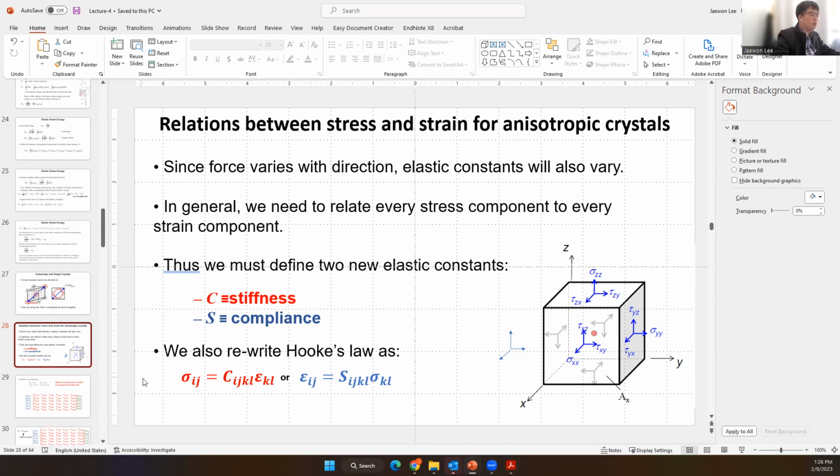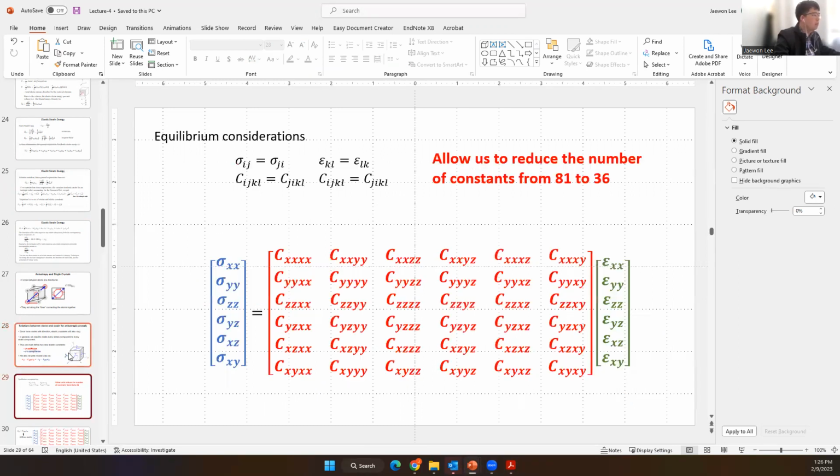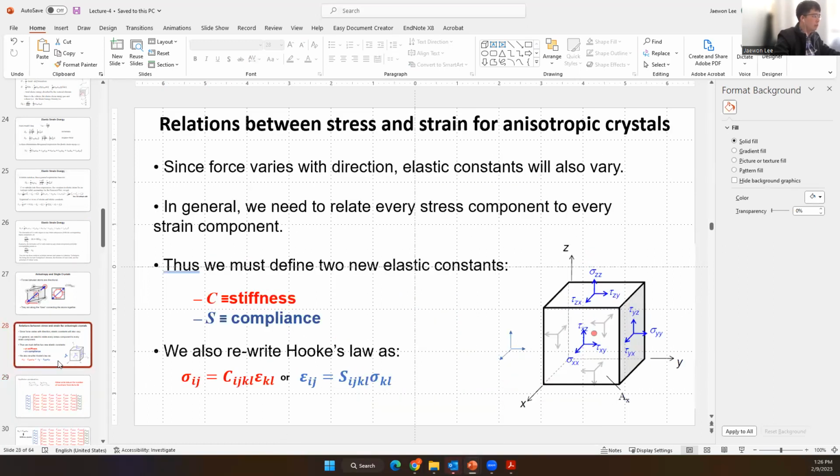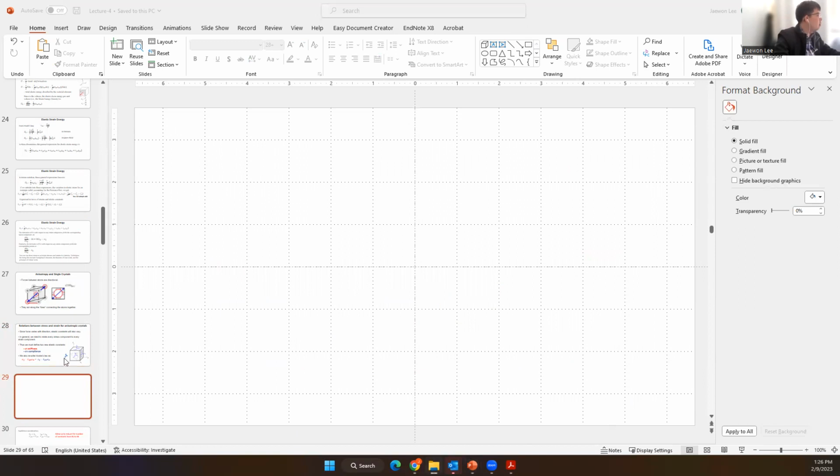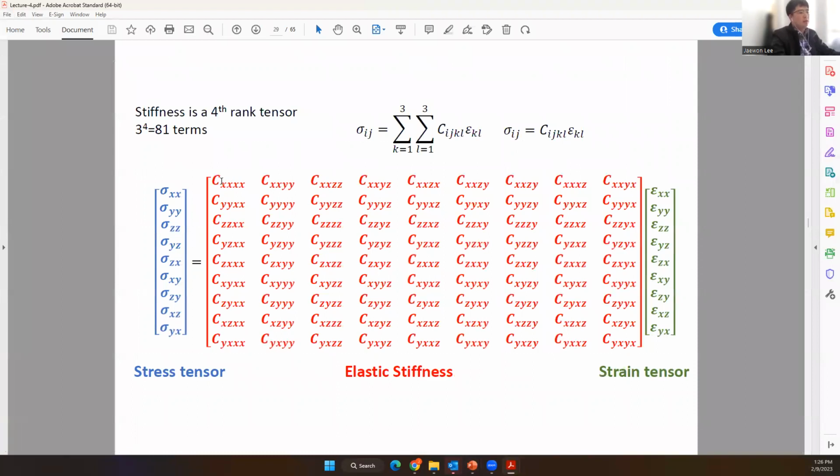Do you have the other pages between them? You don't have it? Oh, yes, this one.